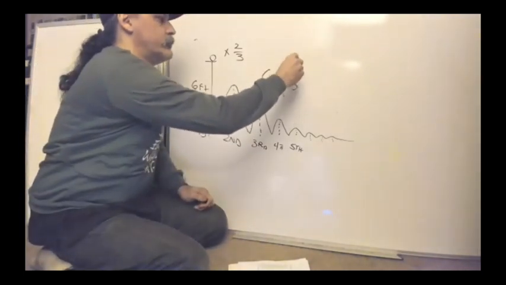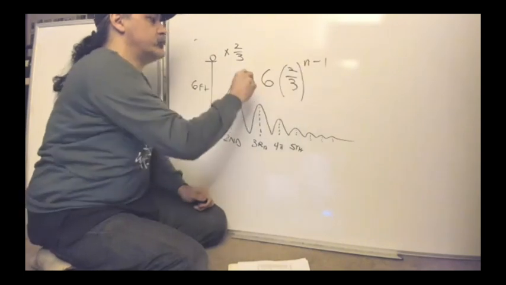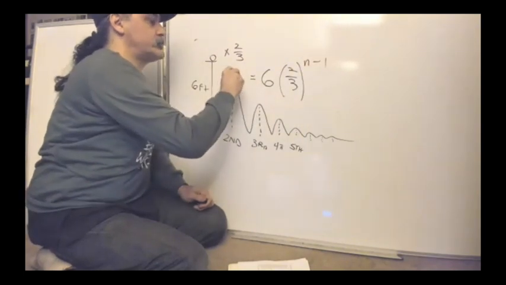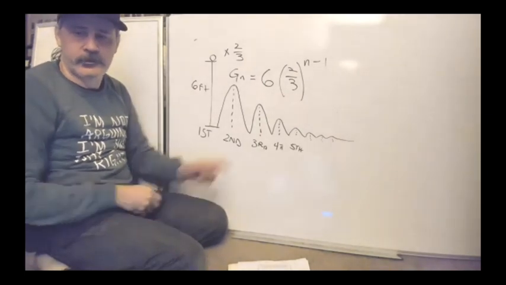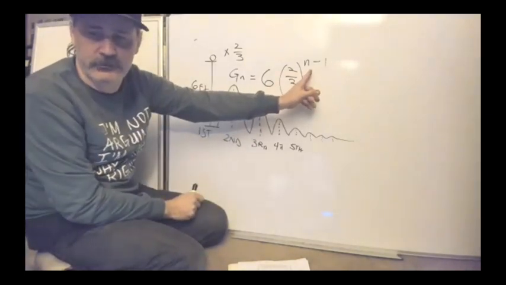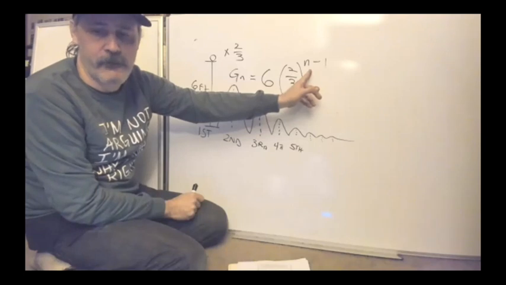And now we have our explicit formula for the sequence of heights. Notice the first number in the sequence creates a 0 exponent.